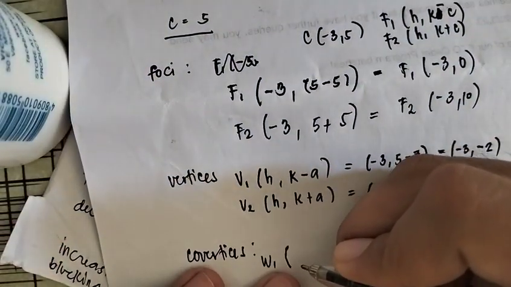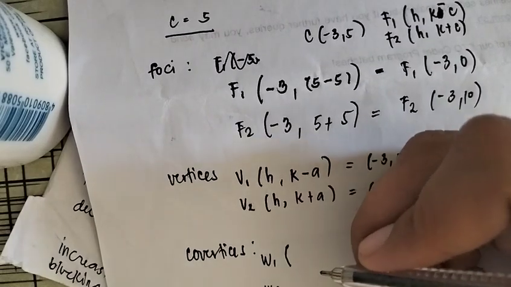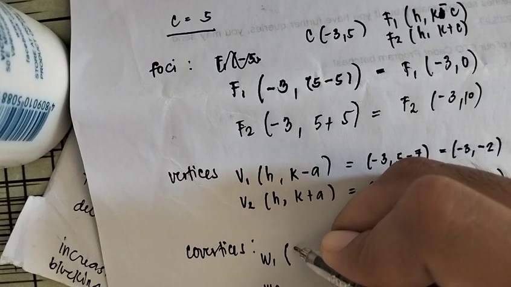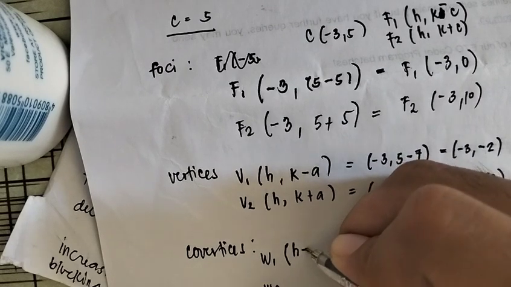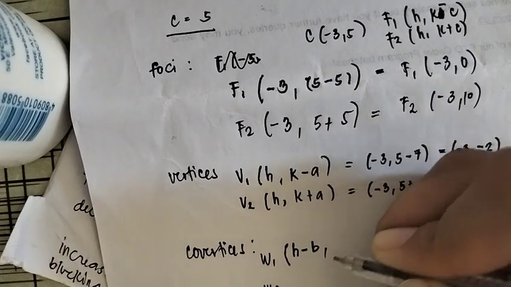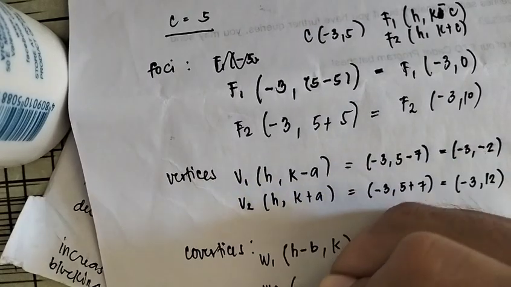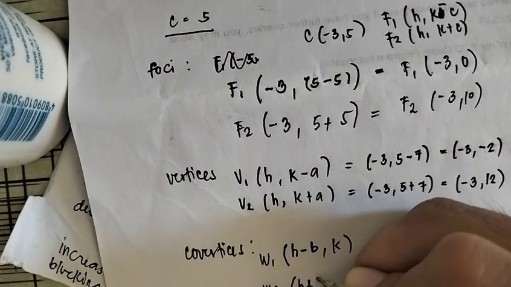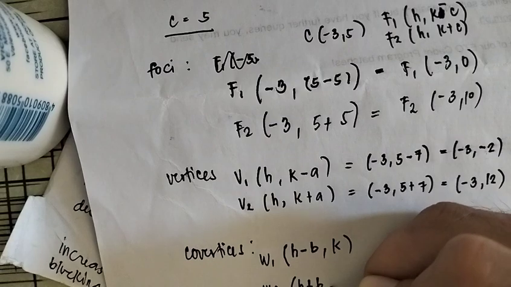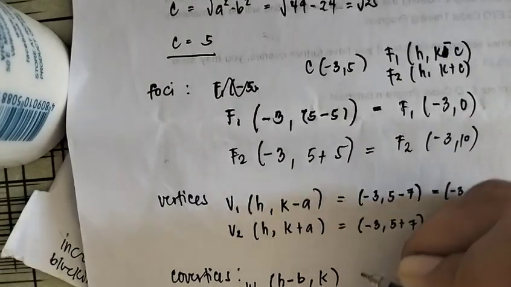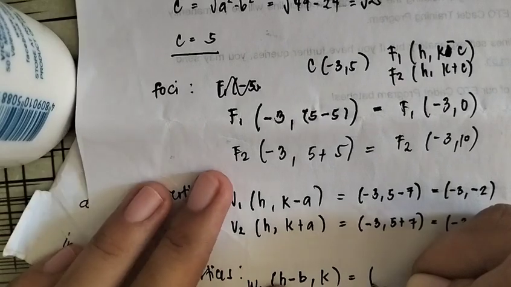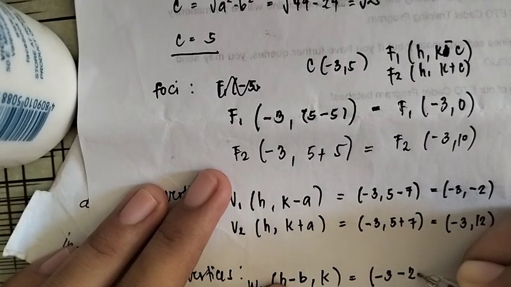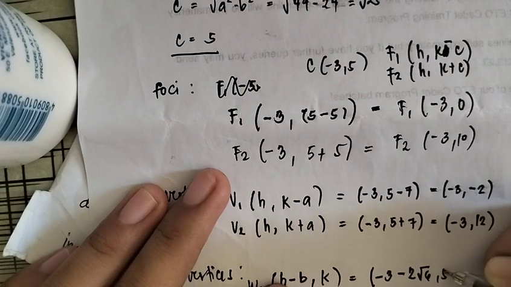What changes is the x, to the left and right. So, H minus B and copy K, and H plus B and copy K. H is negative 3 minus 2 square root of 6, and then 5.